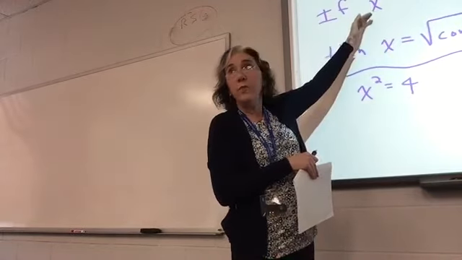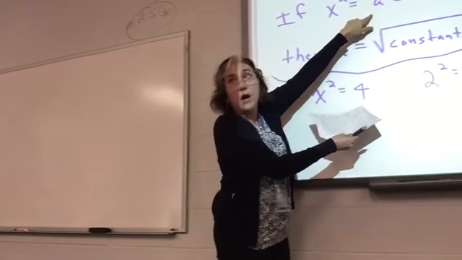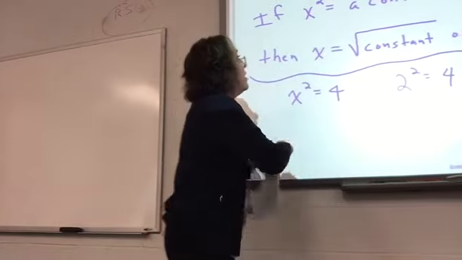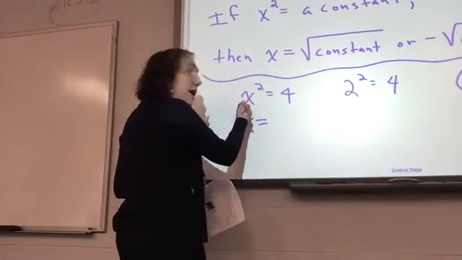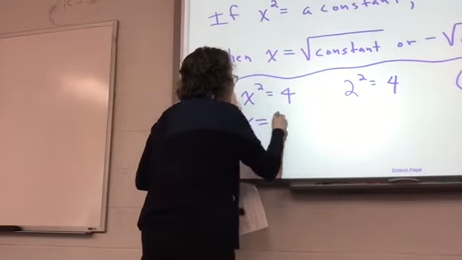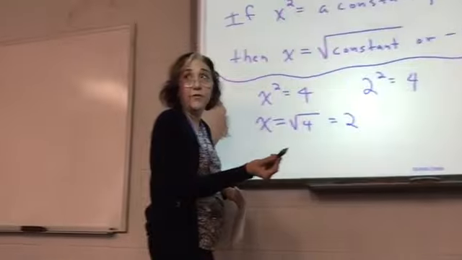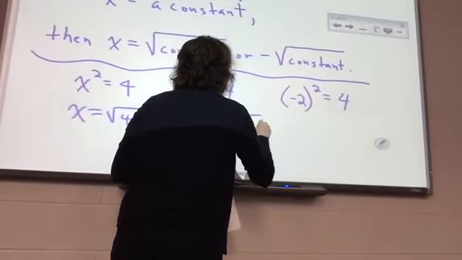So by square root method, look at how I've got it set up. x squared equals a constant. Okay? So what's true is that x has to be equal to the square root of 4, which we will simplify when it simplifies, or the opposite.